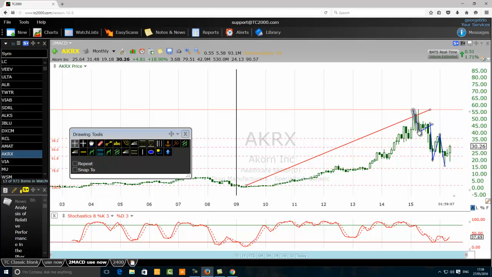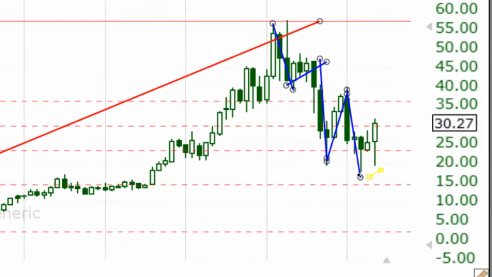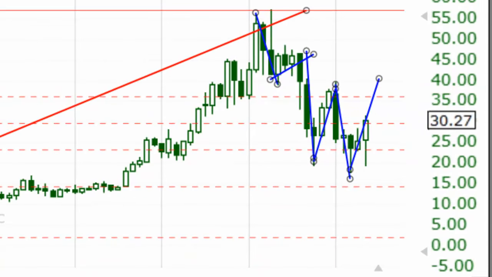If this is going to be a zigzag pattern, the next part of this puzzle will be 1, 2, 3, forming the B part of the zigzag pattern. So 1, 2, 3, 4, 5, 1, 2, 3.